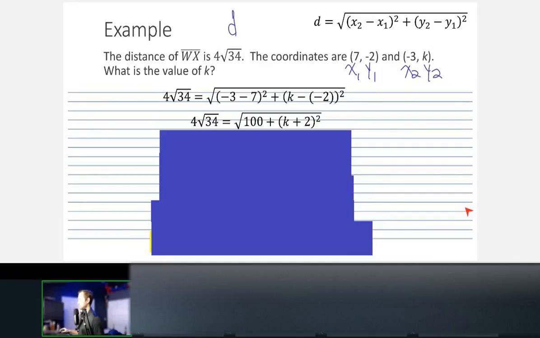I would avoid it. You can, but if you do decide to FOIL this out, if you multiplied this k plus 2 times itself, you would get k squared plus 4k plus 4 as your trinomial when this is FOILed out. And you're making the problem a lot harder than it really is.